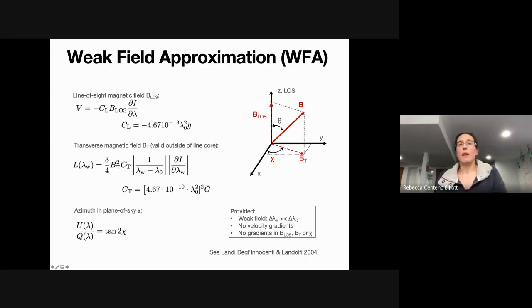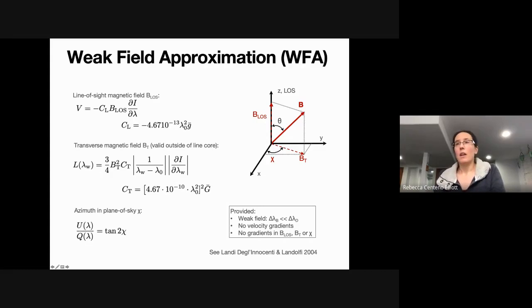The third quantity that characterizes the vector magnetic field in this reference system would be the azimuth angle, the azimuth angle in this perpendicular plane, in this transverse plane. The relationship says that the tangent of 2 times this azimuth angle equals the ratio between U and Q, both observables.